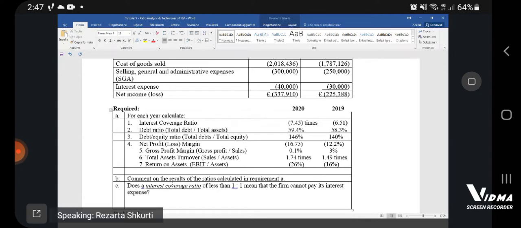I'm not asking that you perform rocket science here, but you should be able to understand if a ratio is high or low, if it is being increased or decreased, and what that means for the company. If we can make a summarization of what we observed over here, what can we say? Who can tell me?